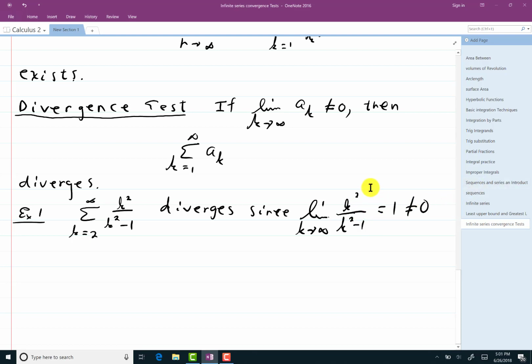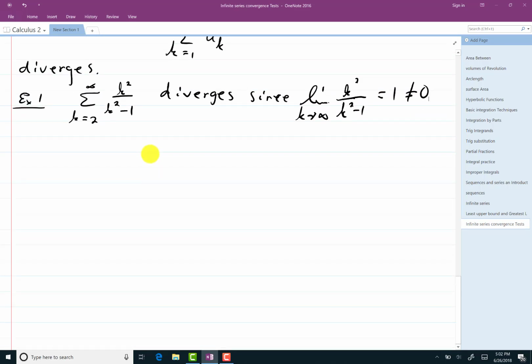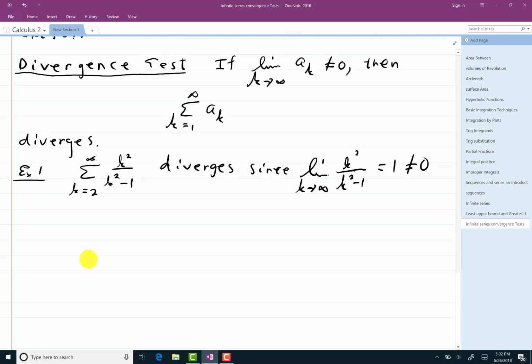You can use L'Hopital's rule for this. You can divide by k squared, whatever your choice is for that. Now, it so happens that this test will tell you if certain series diverge, but it does not give information as to whether a series converges.